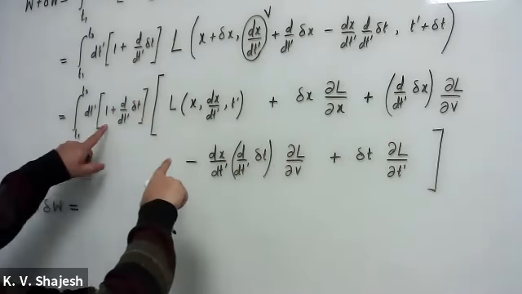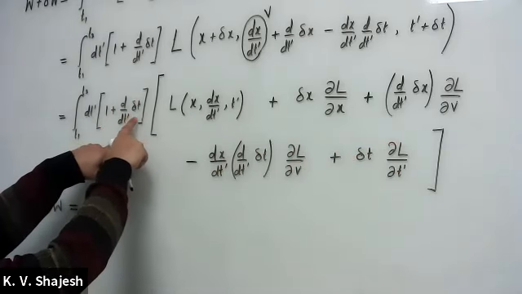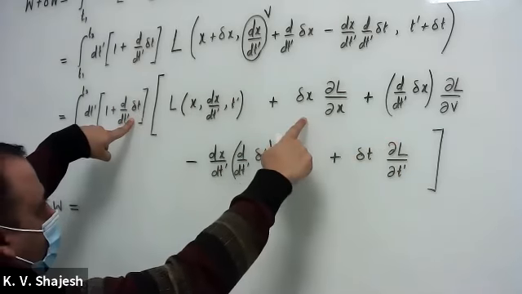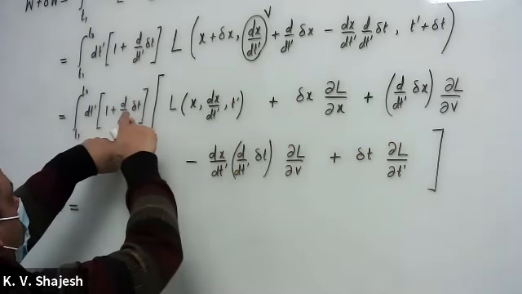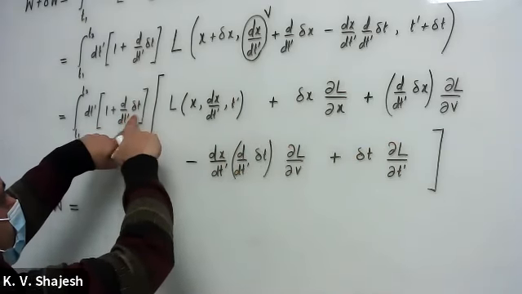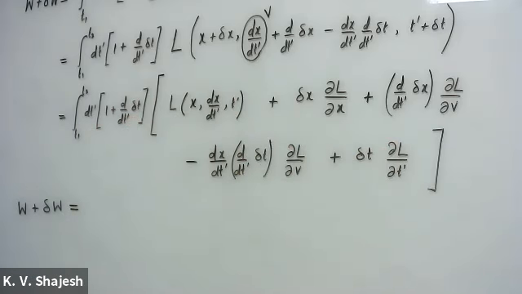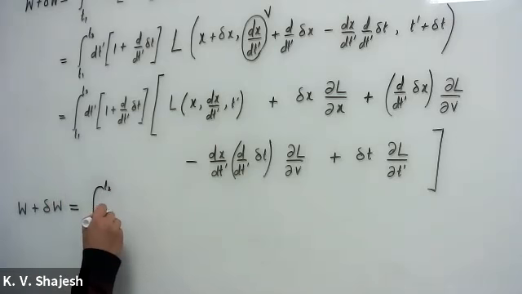But when it comes to multiplying the delta t term, that's already a variation. If I multiply with another variation, that becomes second order. I don't want that. So when it is the delta t variation multiplying, that multiplies only with L. The rest I can drop. So with that idea in mind, I collect the terms as T1, T2, T2 prime.